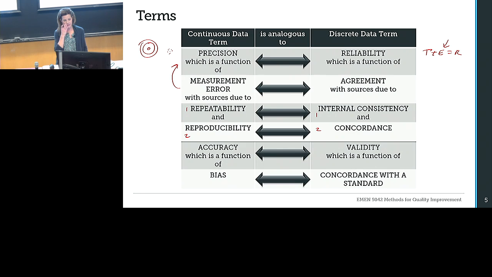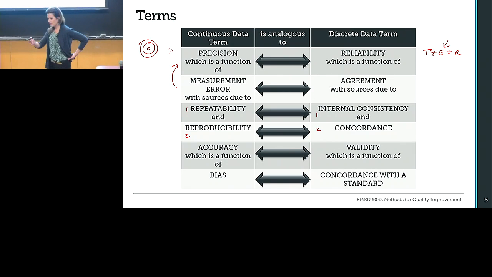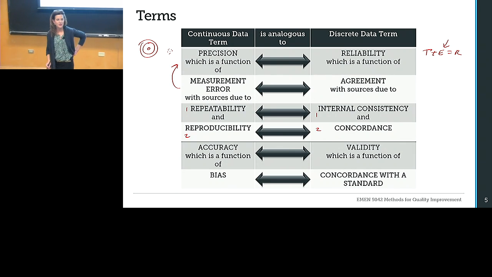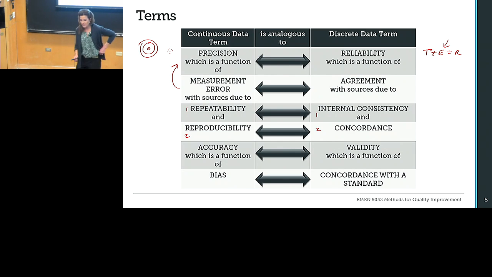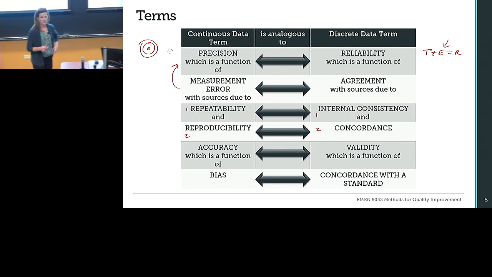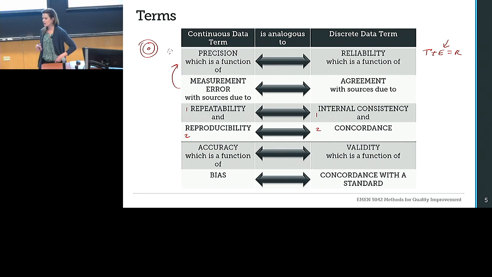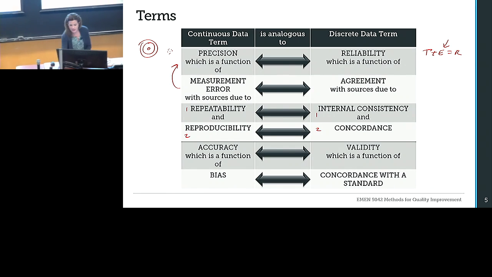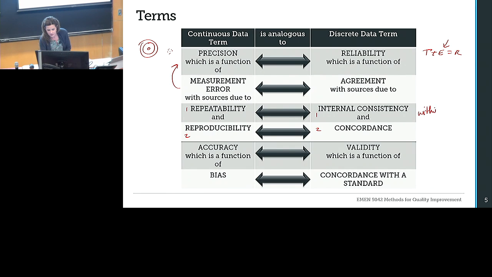Then the next part of this is called concordance. Those of you who took 5620 had measures of correlation and association. I believe there was a measure of concordance in there. Concordance is another part of agreement, but this is the within component, and this is the between component.